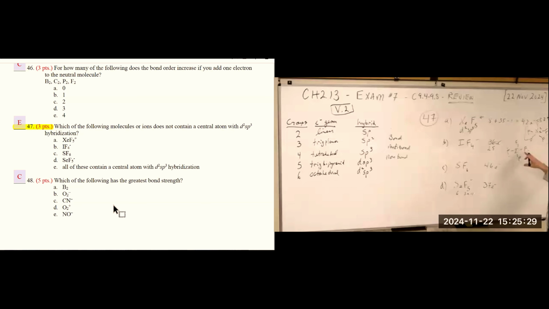So 6 times 4 is 24, right? So that's 4, 2, 4, 2, 4, 6, 8. And this is minus. All right, that's d2sp3. That's 6 groups. We did this one earlier. D2sp3, definitely.